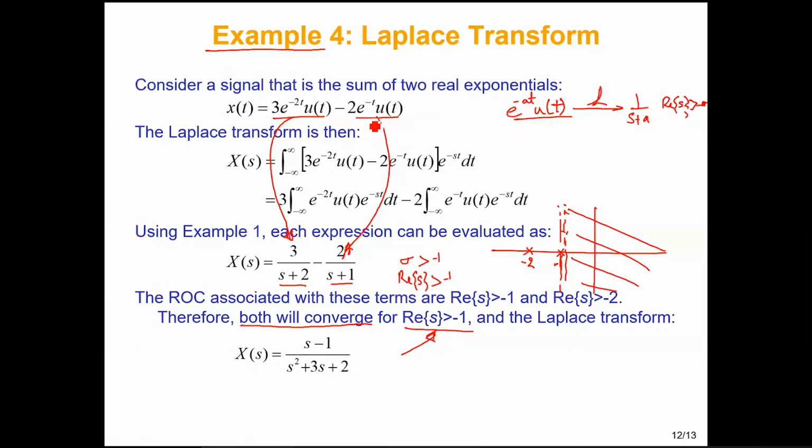So in this example, what we saw was that if we have more than one expression contributing different poles and different regions of convergence, the overall region of convergence would be the overlapping region, where both regions of convergence overlap. And just to give you a simple rule right here: if you have both the poles coming from causal signals or systems, then the region of convergence will be the right hand side of the rightmost pole.